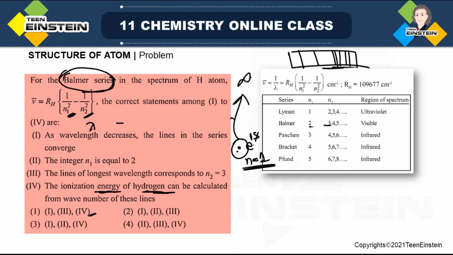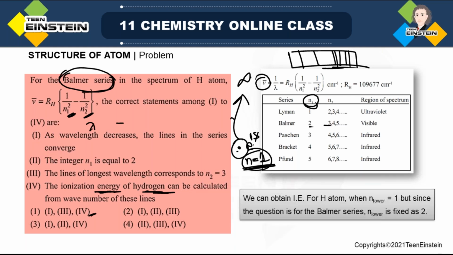If you maintain this condition, you cannot obtain it from Balmer. Why? Because in Balmer, n1 is fixed to 2, but for hydrogen it has to be 1. So you cannot calculate the wave number, that is nu bar or 1 by lambda, from this equation, right? So this statement is not correct.